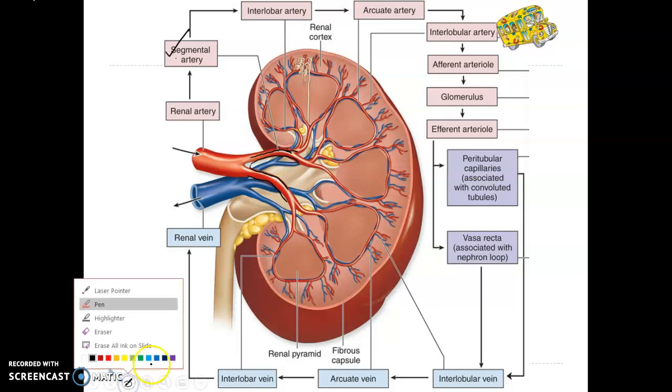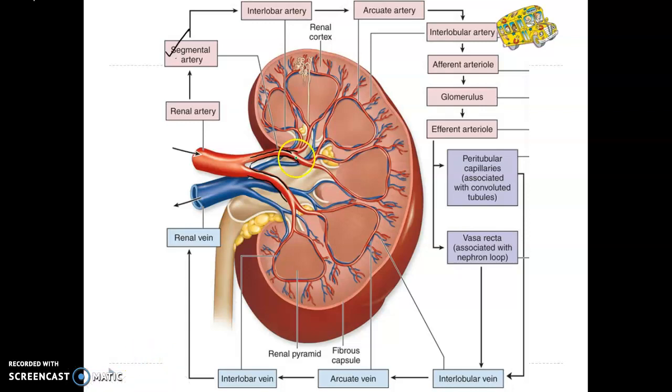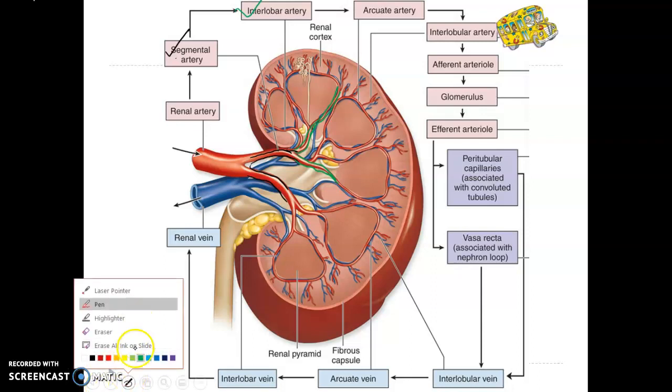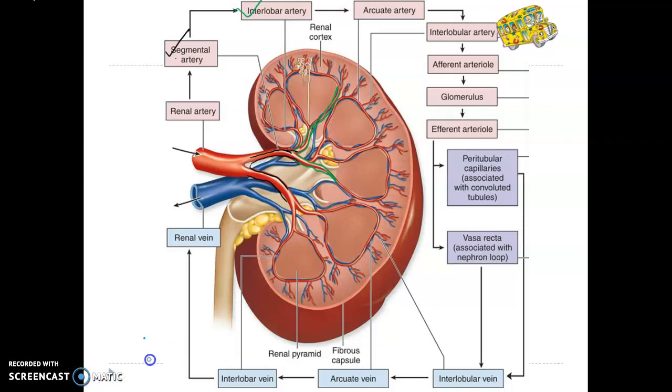Let me use a different color. The segmental arteries then further divide, and these branches, the green ones that I'm drawing, are called interlobar arteries. The interlobar arteries then make an arc, and at this point, I'm marking this with blue, this is called the arcuate artery.